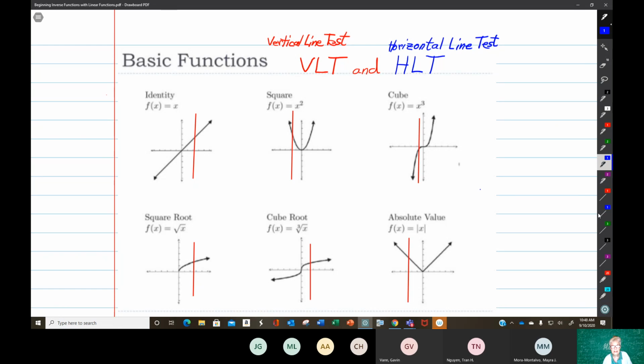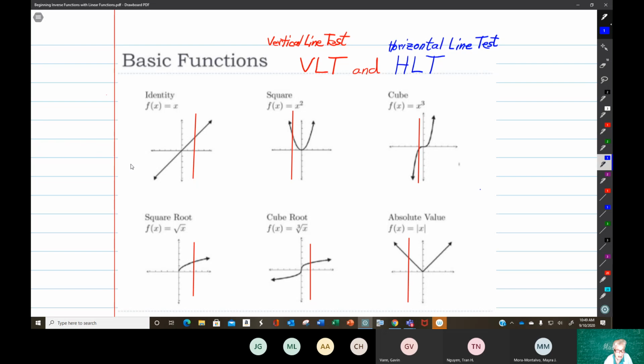The horizontal line has to cross the graph at only one point for the function to be something we call one-to-one. Only one-to-one functions have inverses.